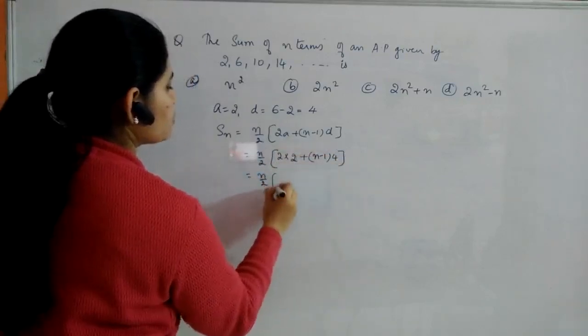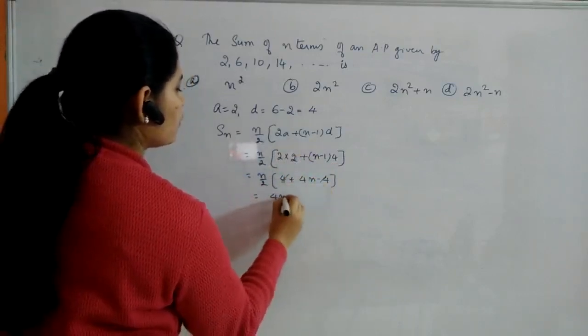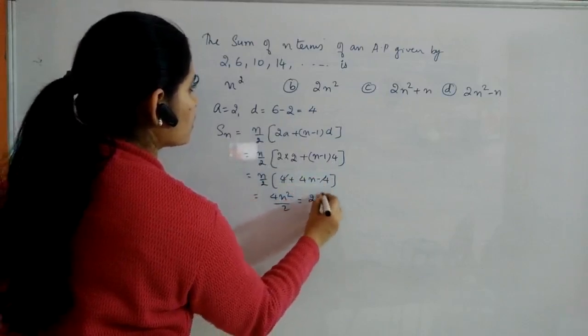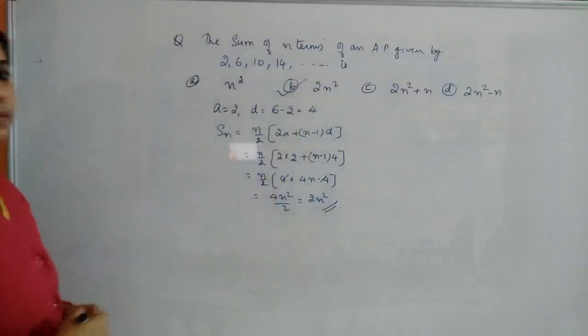So that n by 2 into 4 plus 4n minus 4 will give you 4n square by 2 or 2n square. So which is the correct option? Option B.